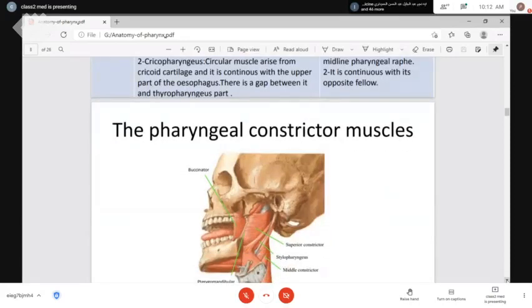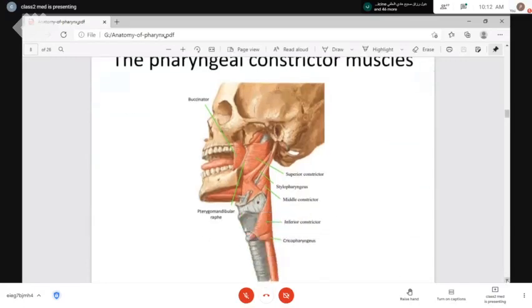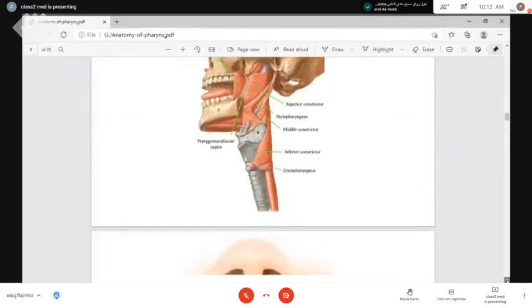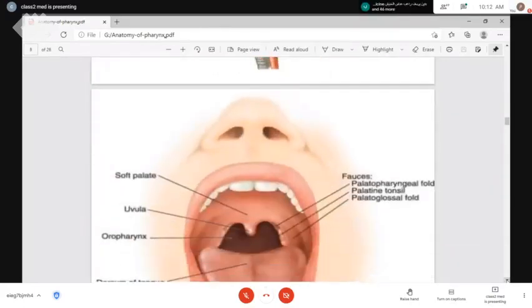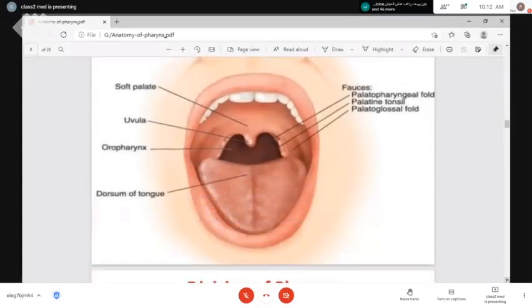This picture shows the pharyngeal constrictor muscle. So this is the mouth. If I examine the mouth, what are the structures you can see inside the mouth? First, from above downward, you can see the soft palate and uvula.